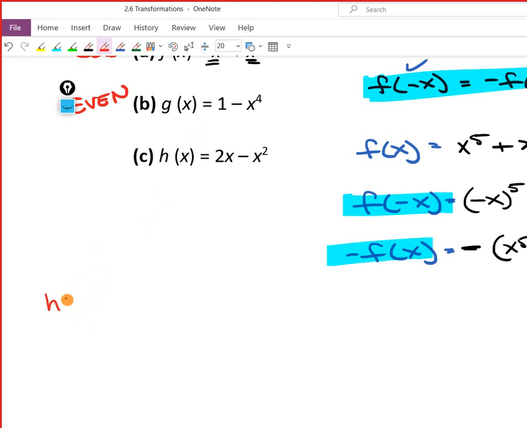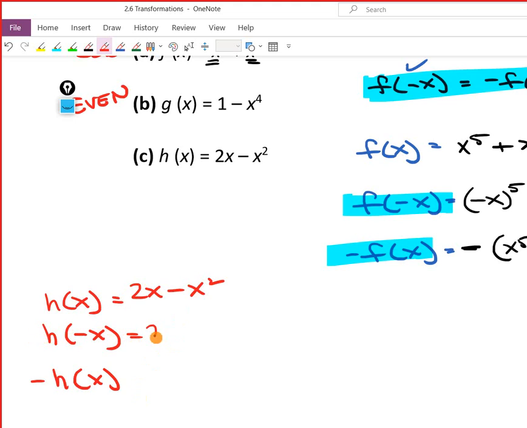So I'm going to find h of x, h of negative x, and the opposite of h of x. So 2x minus x squared is h of x. The h of negative x would be 2, replacing x with negative x. So what's 2 times negative x?